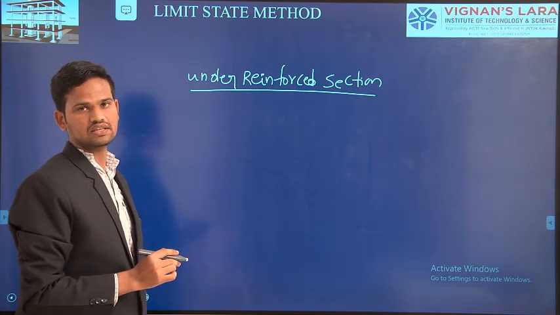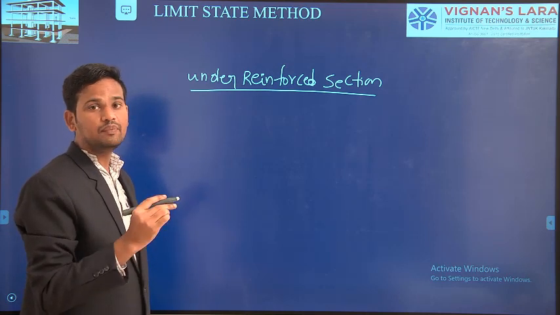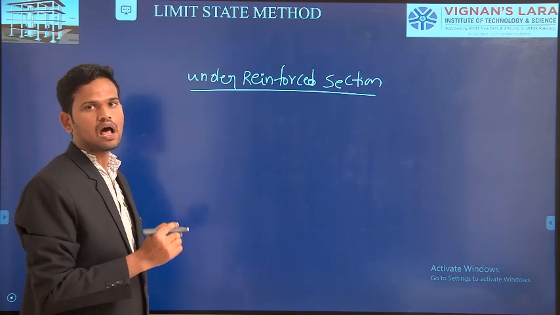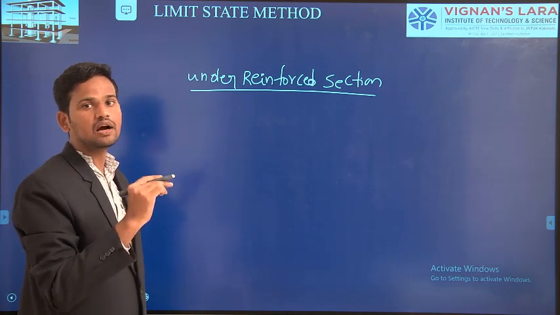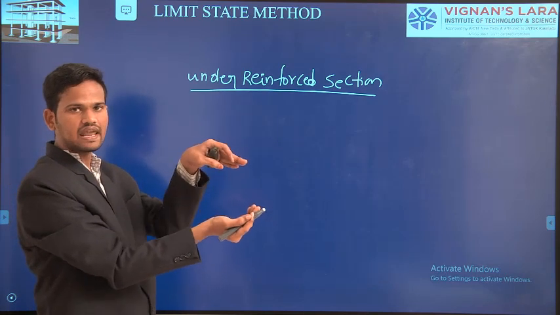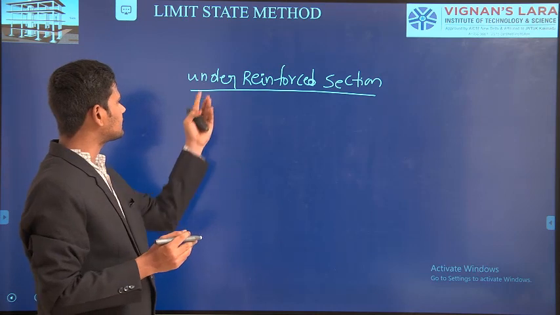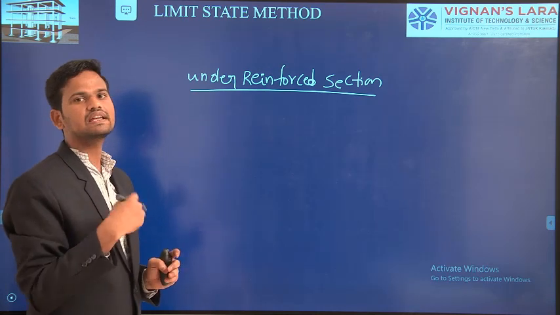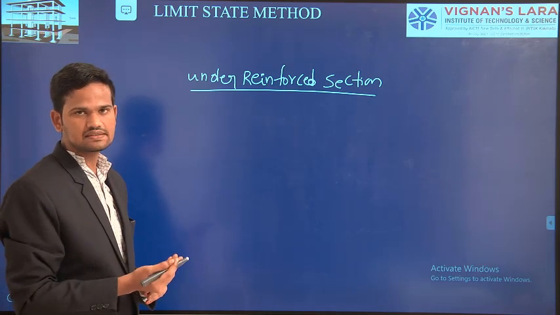Under reinforced section is the section in which we are providing a limited amount of steel, or less steel compared to the balanced section. If you take a balanced section, you are providing some steel, whereas in an under reinforced section, we are keeping less steel compared to the balanced section.